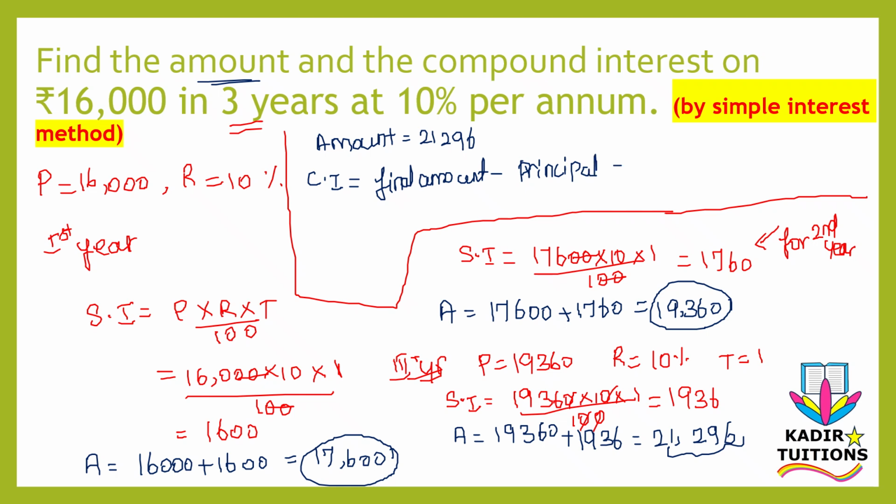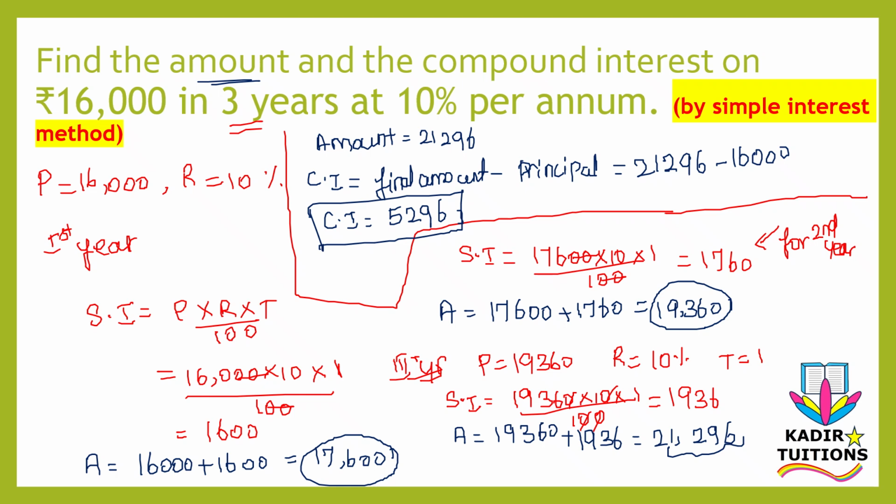Then we substitute the value. Final amount is 21,296. And what is our initial principal, which is 16,000. So if we find the difference, we will get the compound interest as 5,296. So this is how we can calculate the amount and the compound interest by using the simple interest formula.